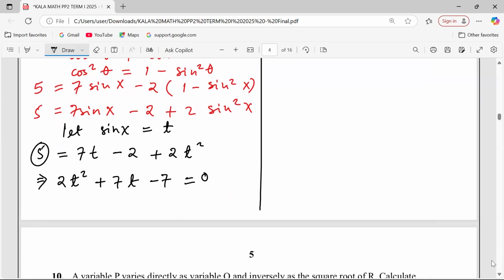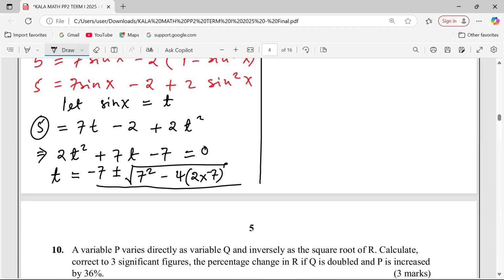Such that we say the value of t shall be negative b plus or minus the square root of b squared minus 4ac, everything divided by 2 times a.